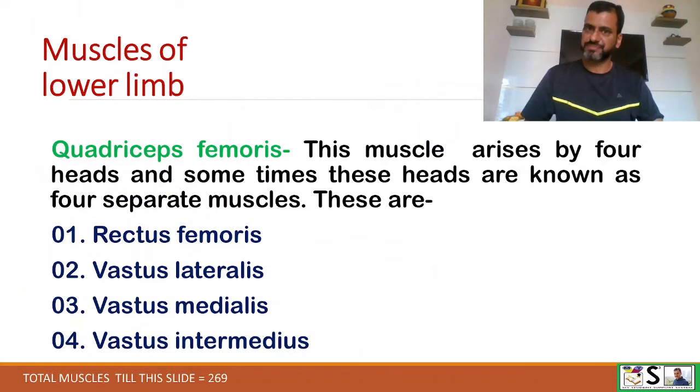Quadriceps femoris. This muscle arises by four heads, or sometimes these heads are known as four separate muscles, and these are rectus femoris, vastus lateralis, vastus medialis, and vastus intermedius.